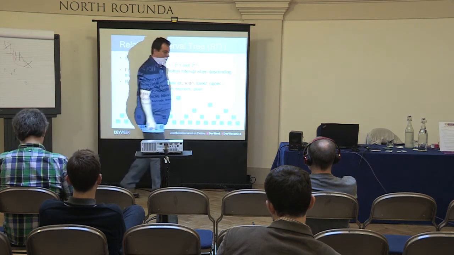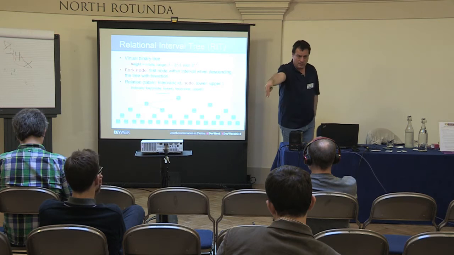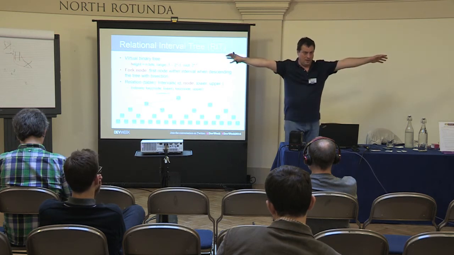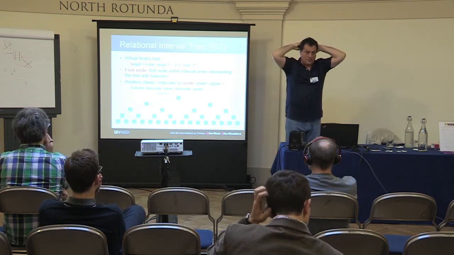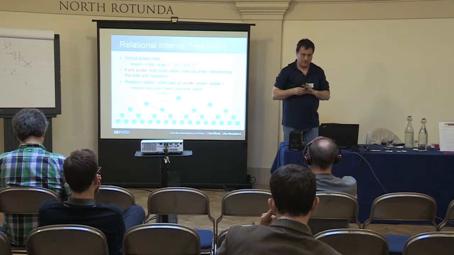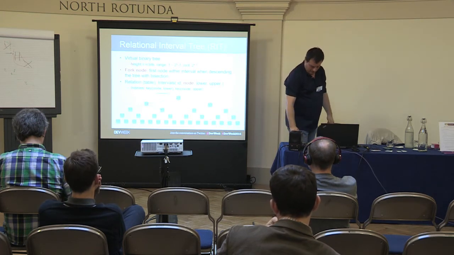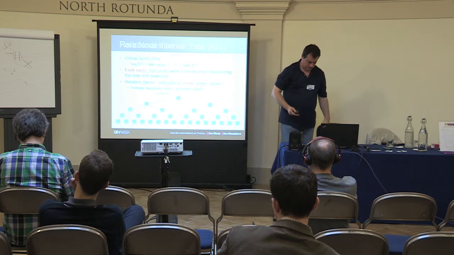So after I get the correct fork node for a given interval, I can seek for it, exclude everything, and then I still have to do a kind of scan on the rest. But it's not so simple, it gets a little bit more complex.